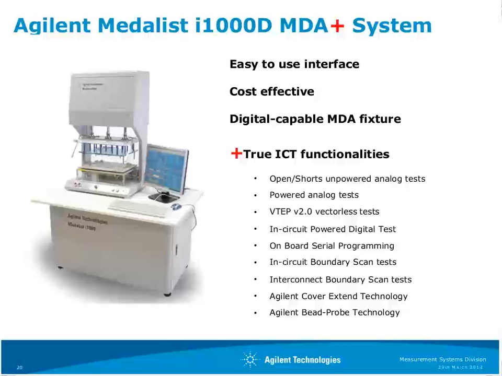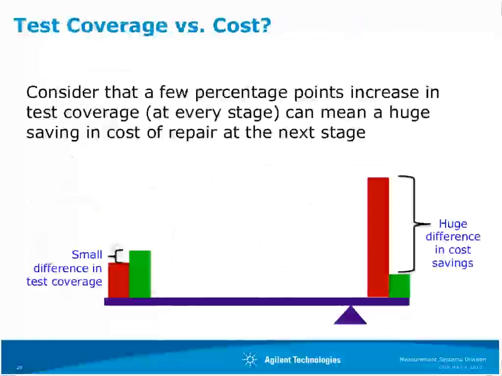This system offers unpowered and power-on test features, and it gives us the true in-circuit test functionalities enjoyed by the higher-end systems. Some of the features I want to highlight are the VTEP version 2 vectorless test. It also allows in-circuit powered digital tests, boundary scan, and can utilize Agilent's award-winning bead probe and cover extend technology.